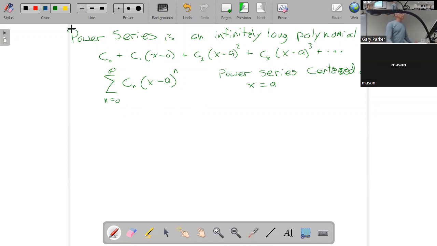Now, as far as convergence of a power series goes, there are 3 cases. Case 1 is that it only converges at a, and diverges elsewhere.